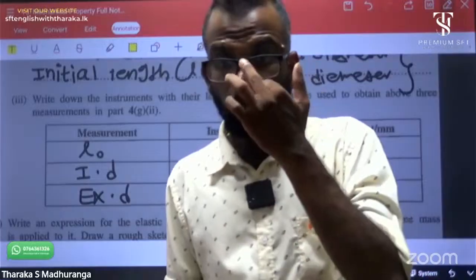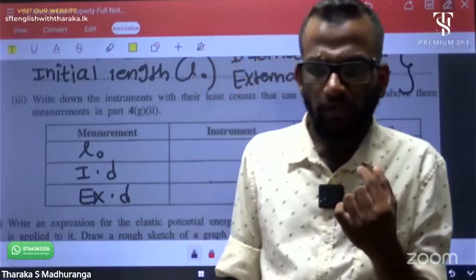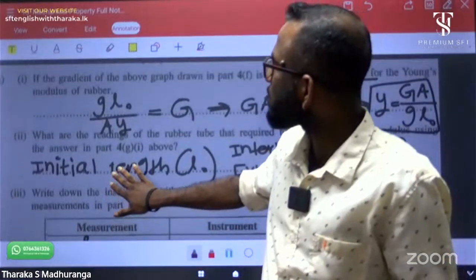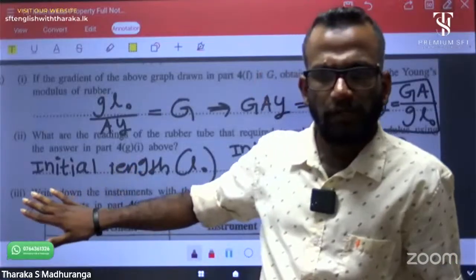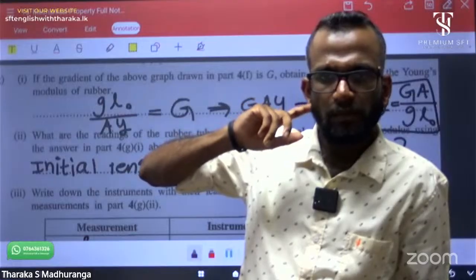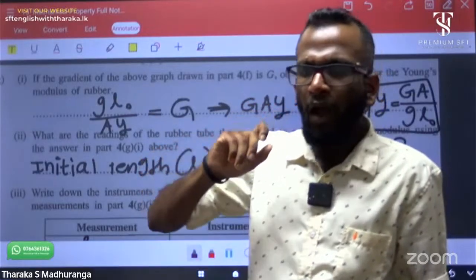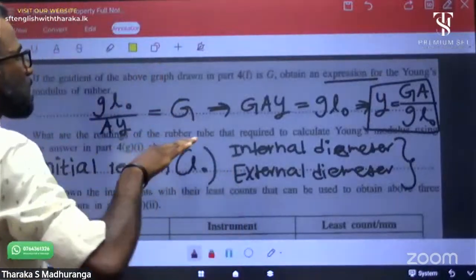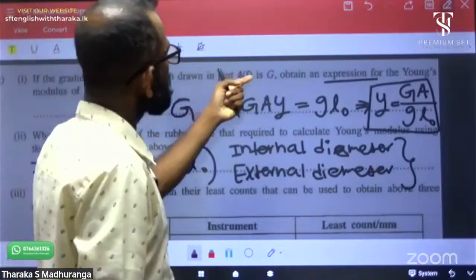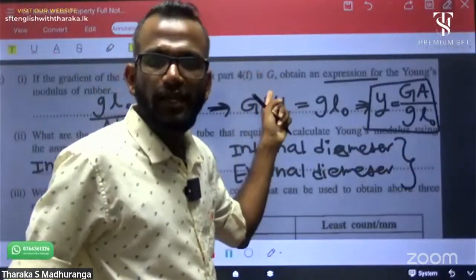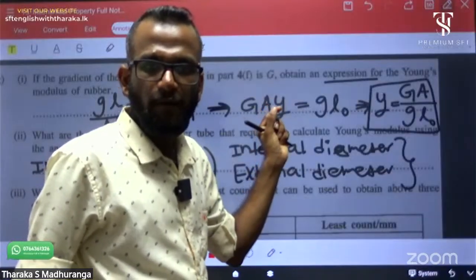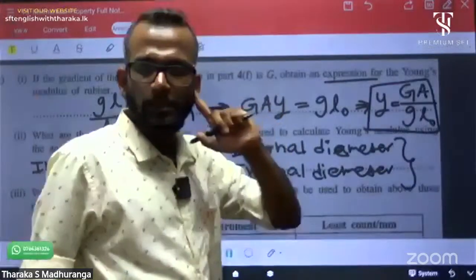Sir, why did we take only the gradient of the equation, not the intercept too? Because it is given. If the gradient of the above graph is given as G, only the gradient is given.